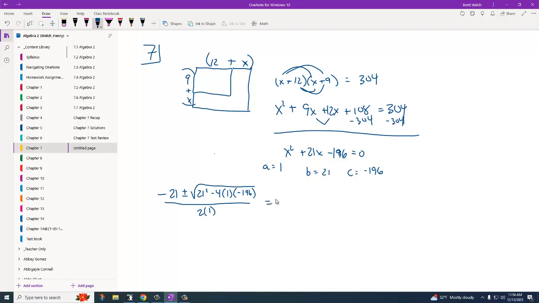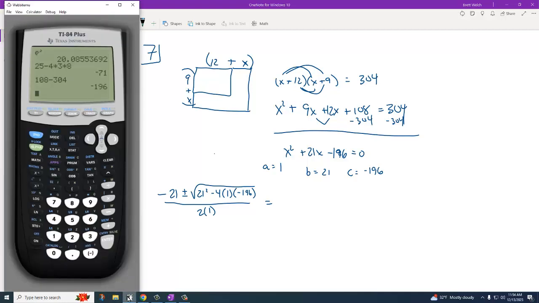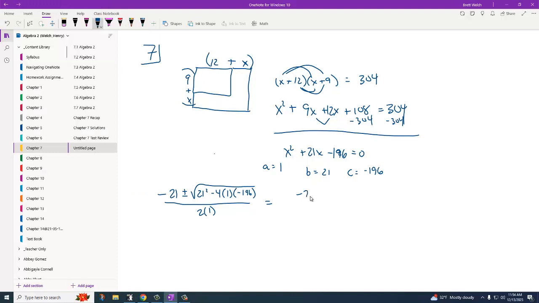And so I grab my calculator again. 21 squared minus 4 times 1 times negative 196 is 1225. So this comes out as negative 21 plus or minus the square root of 1225 all over 2.